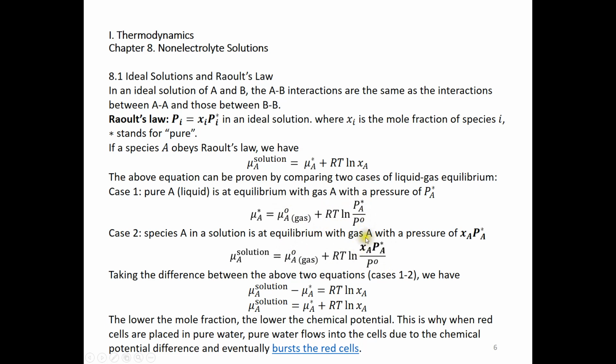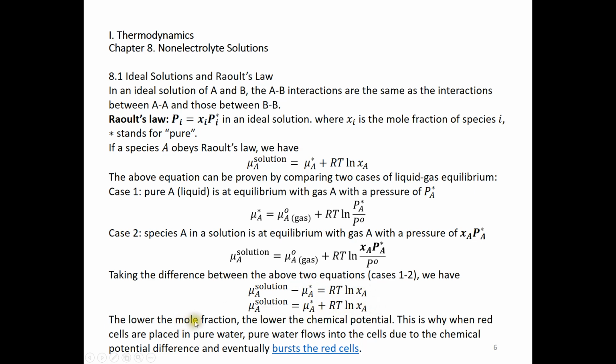What's the difference? It's just right here. Therefore, you can see the chemical potential of A in a solution minus the chemical potential of pure A liquid is simply RT times the natural logarithm of the mole fraction of A. And we have this equation.